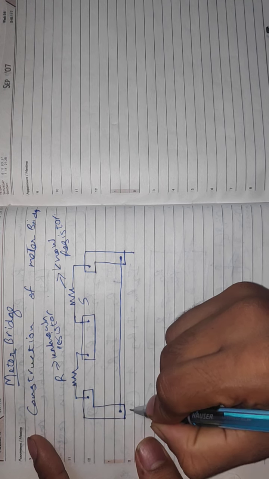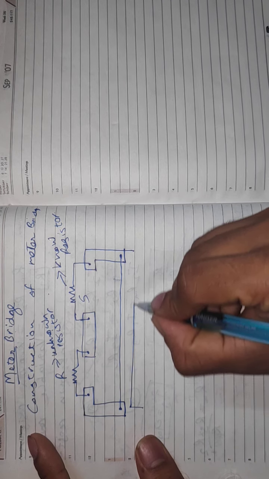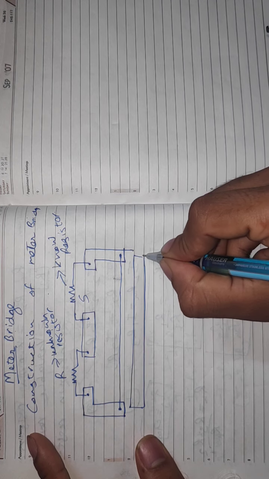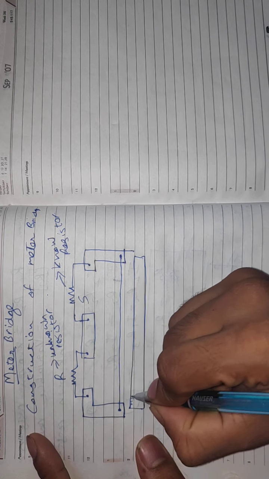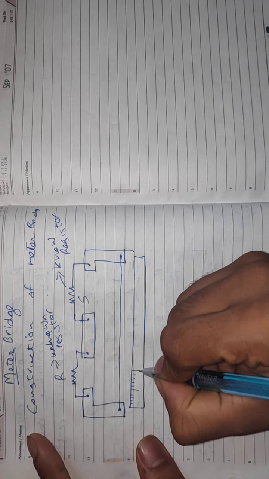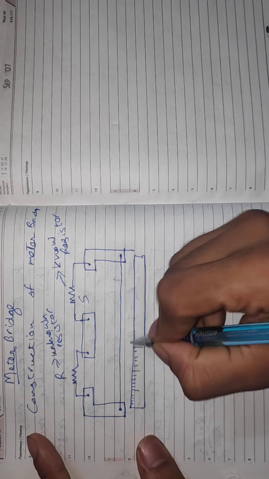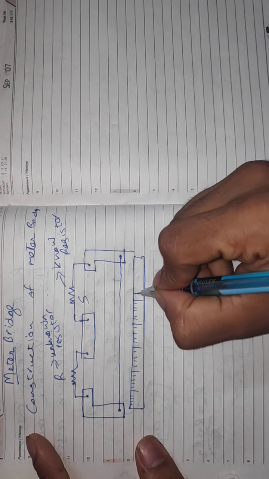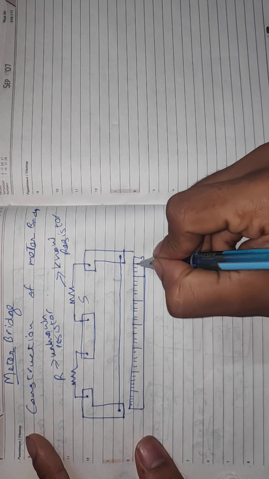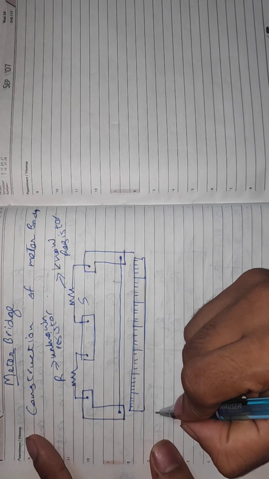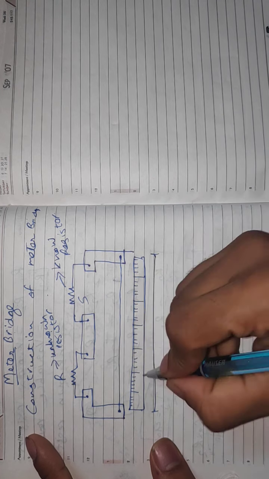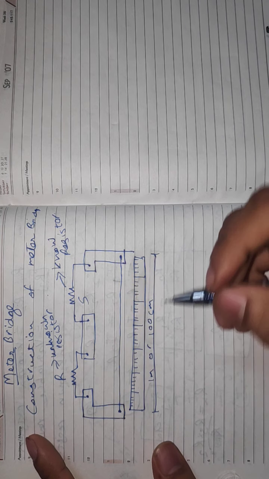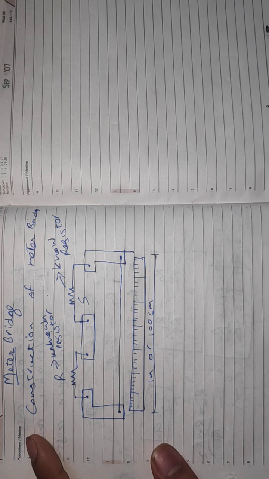Let me make a scale also over here, a scale showing the measurement. This is a 1 meter length. I'll write it over here: 1 meter, or you can also write 100 centimeter.